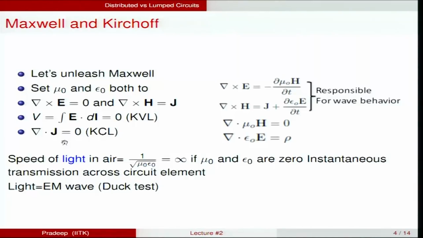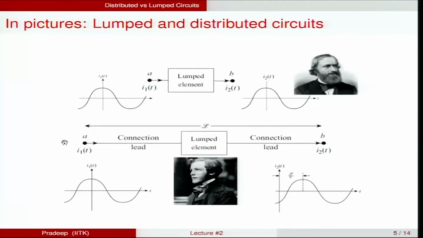All the circuit quantities will be immediately energized. Okay, there is no delay in any of that, and this is precisely what we mean by saying ignore the wave nature. Okay, and light is also an electromagnetic wave because it behaves very similar to an electromagnetic field. This is something that we have seen earlier as well.